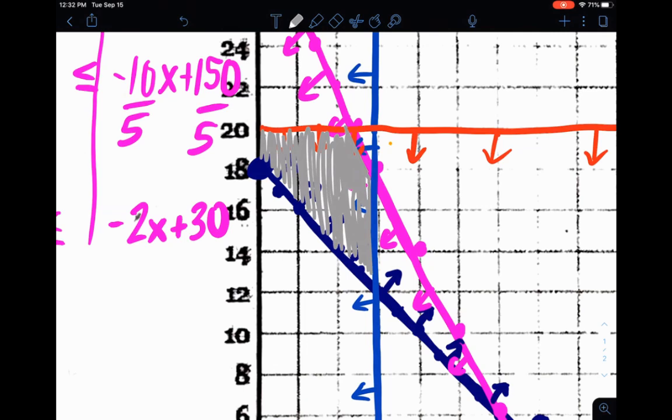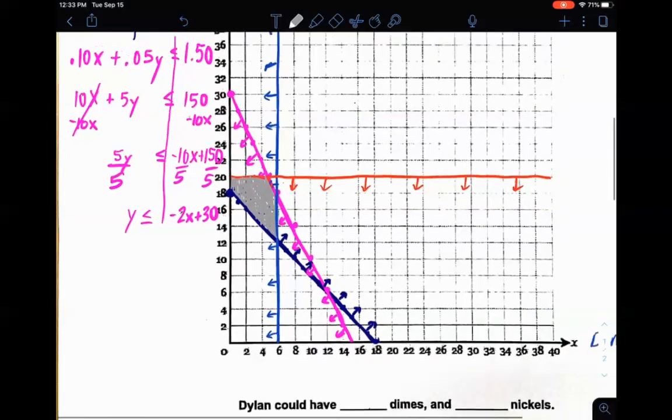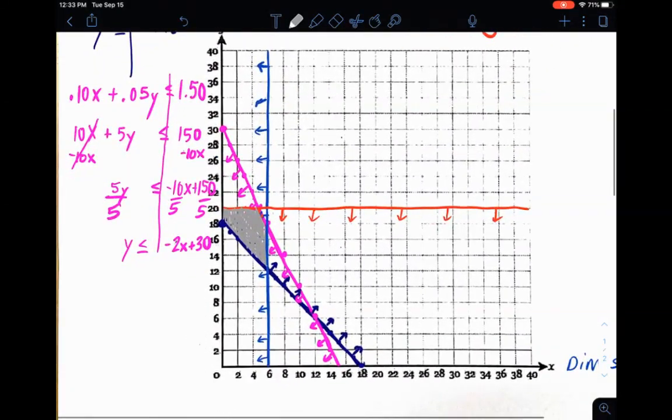There's that little triangle that's not technically part of my solution set, and I want to make sure that I don't shade that part accidentally. Okay? So don't forget that. Pay attention to details. Draw lots of points so that you can ensure that you're getting your line straight.